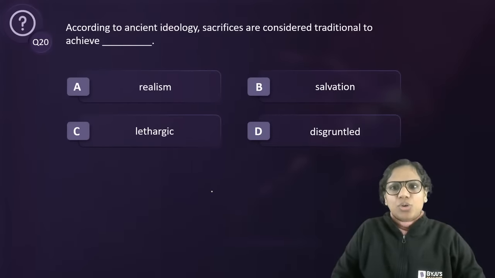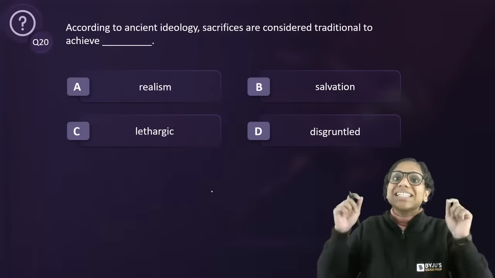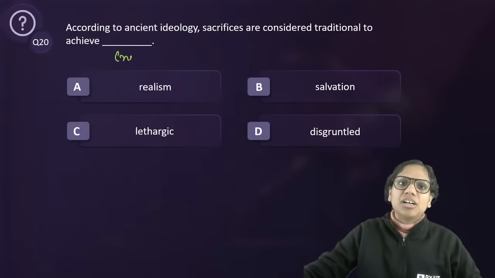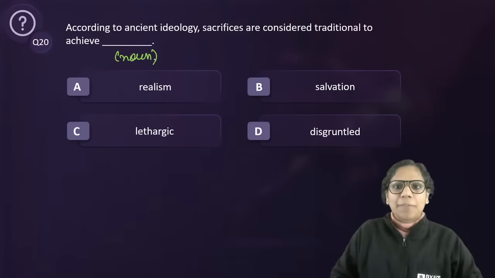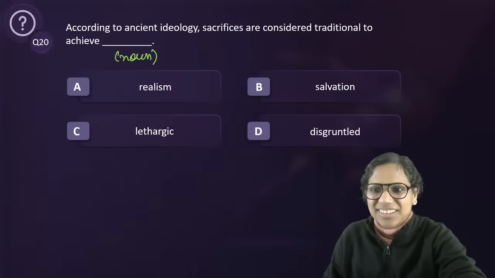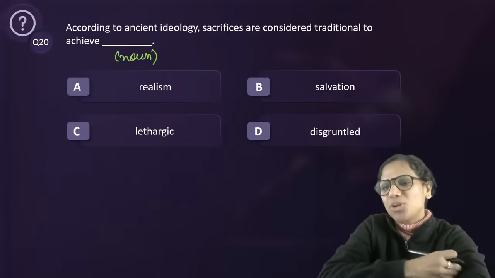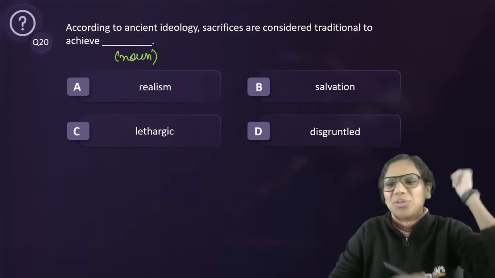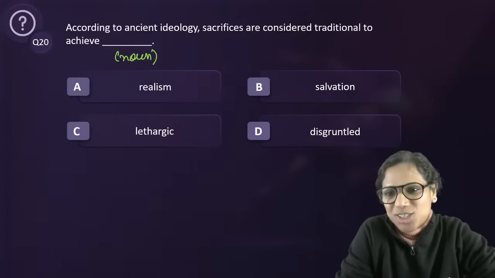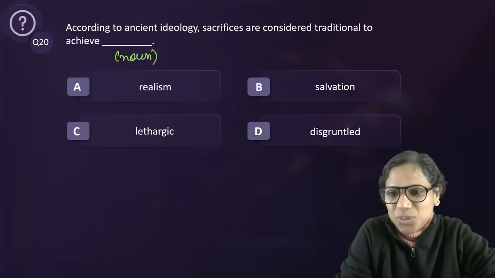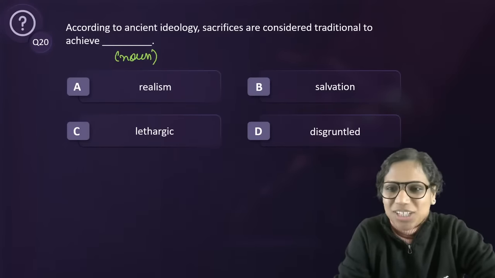According to ancient ideology, sacrifices are considered traditional to achieve something. I need a noun here. Ten more questions to go. The faster you do it, the sooner we finish. And you can then have your dinner in case you haven't had it.